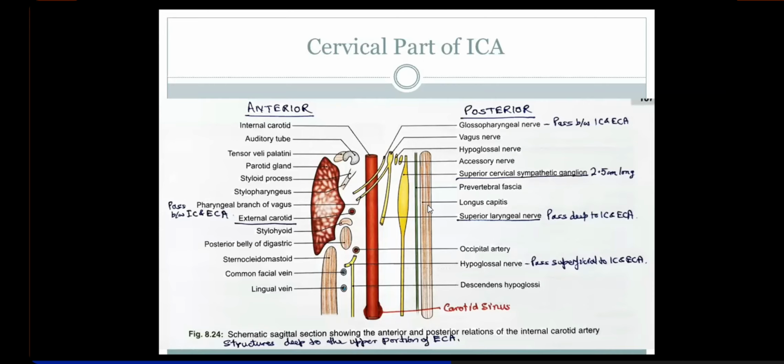These two muscles are covered superficially by longus capitis. So because it's the upper portion of the cervical region, this prevertebral muscle is longus capitis. So these are the anterior and posterior relations of the internal carotid.